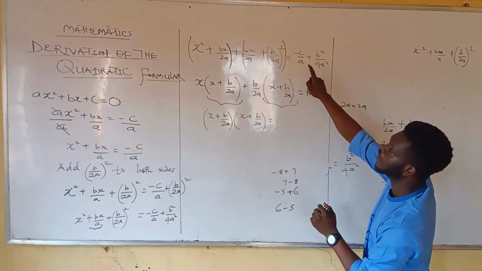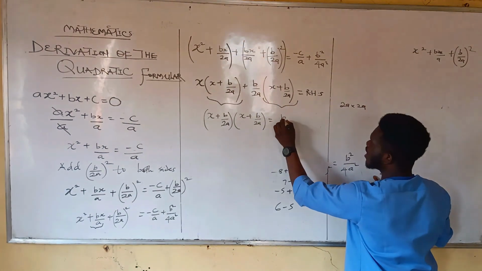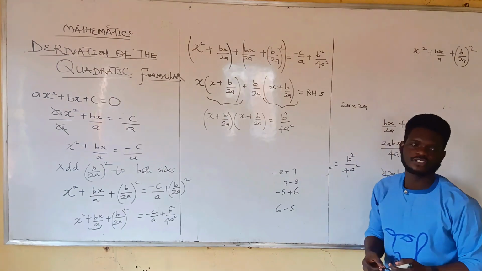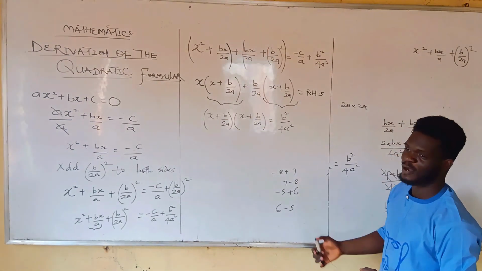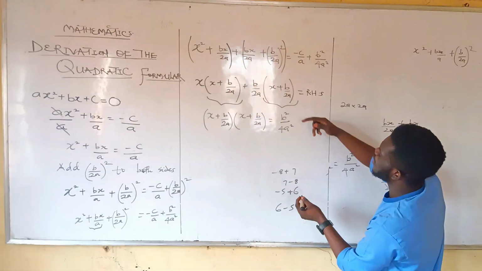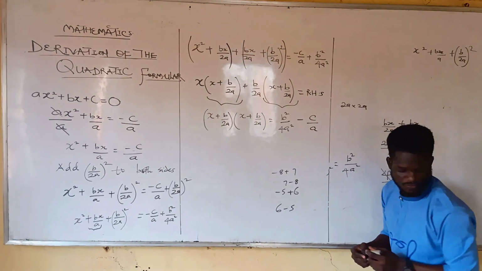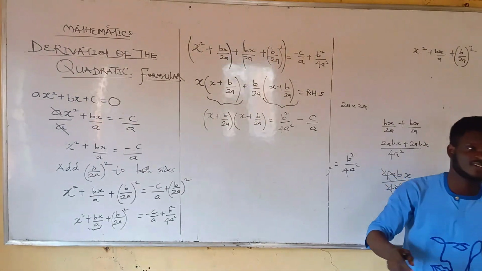So, minus c over a plus b squared over 4a squared would be the same as b squared over 4a squared. When you do inductive hypothesis or induction in mathematics, you understand what I'm talking about. If it works for this, then certainly it will work for this. So we have b squared over 4a squared, then minus c over a. Very perfect. We are still on track, no problem yet. Don't forget, don't lose focus.